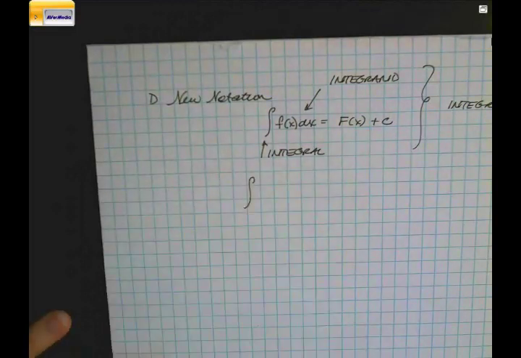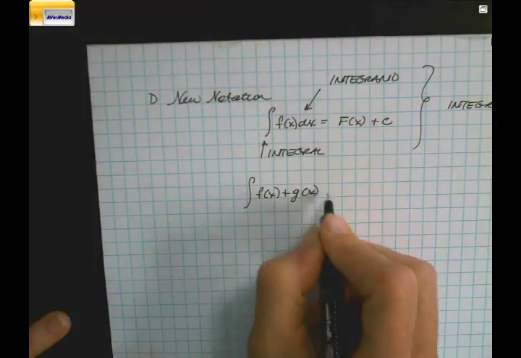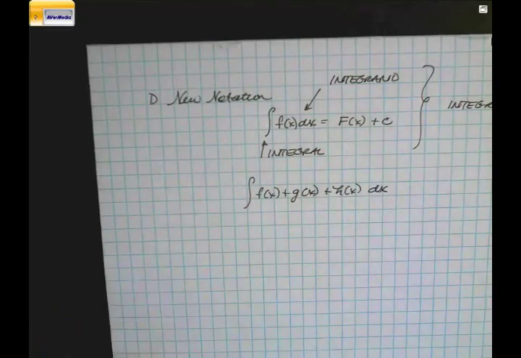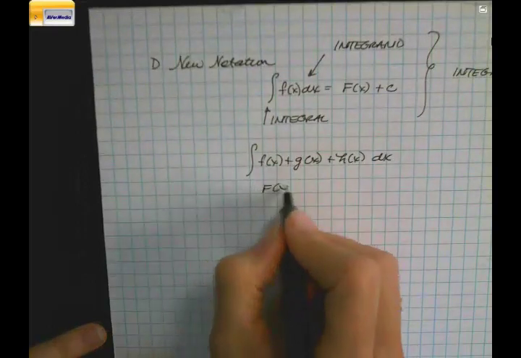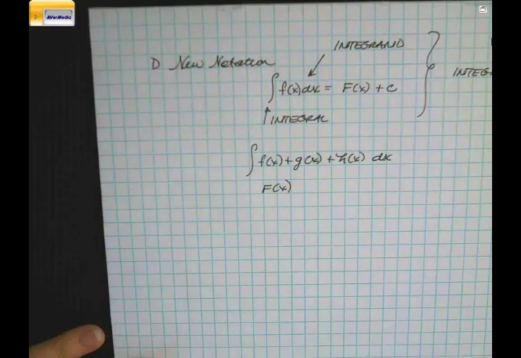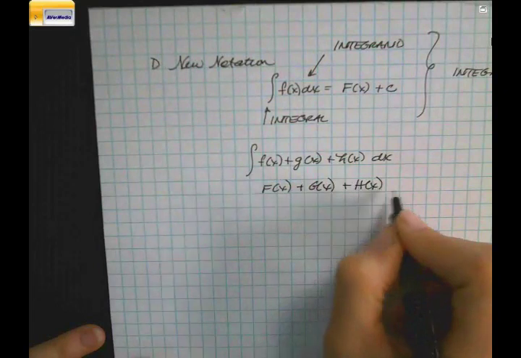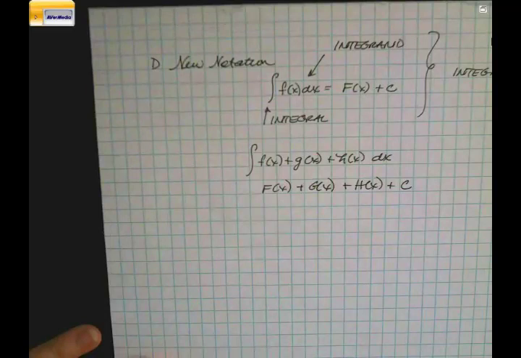So, if you're integrating like 2x cubed plus 4x minus 1, this would almost be written something like f of x plus g of x plus h of x dx. Okay, so if you're integrating like this, when you're through integrating, this would be capital F of x plus c1, plus capital G of x plus c2, plus capital H of x plus c3, but we collect them all into one arbitrary constant.